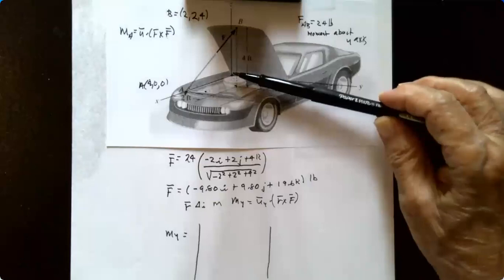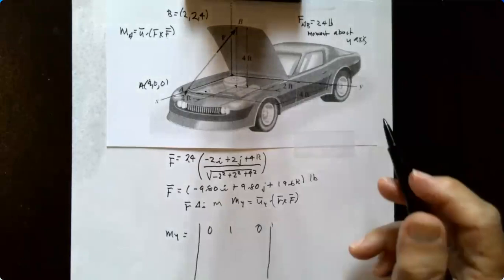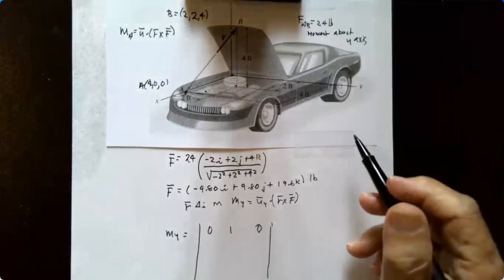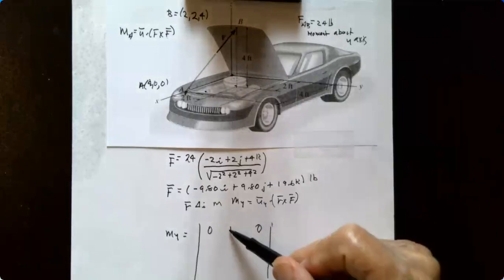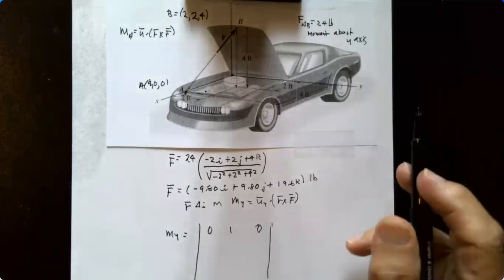So I have 0, 1, 0. It's about the y-axis, unit vector about the y-axis. This is designating the y-axis, quantity 1.